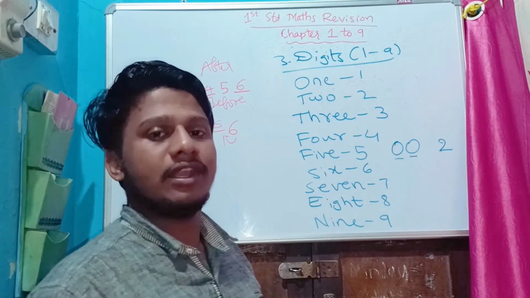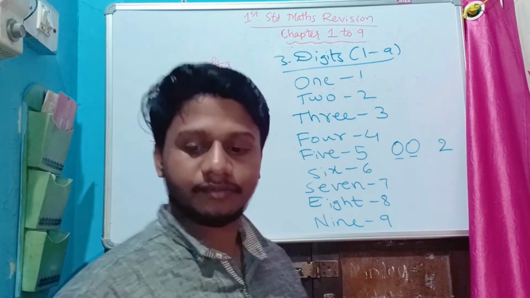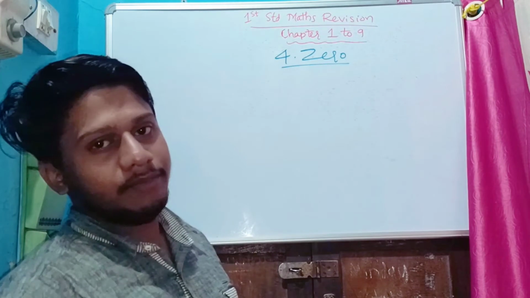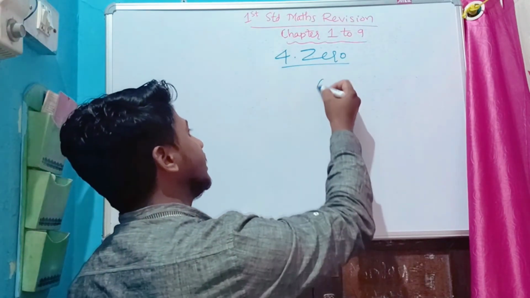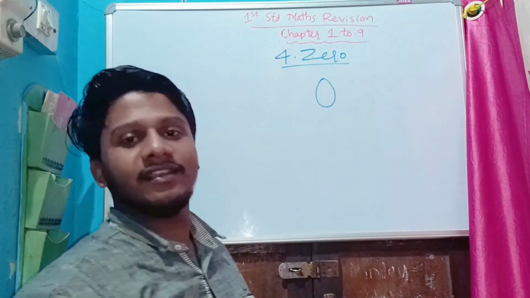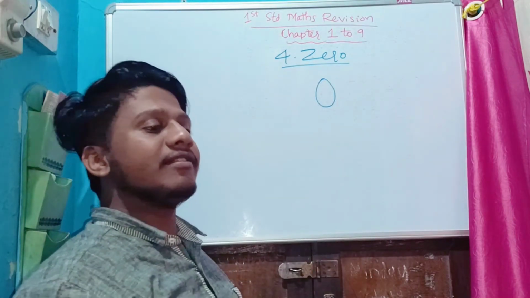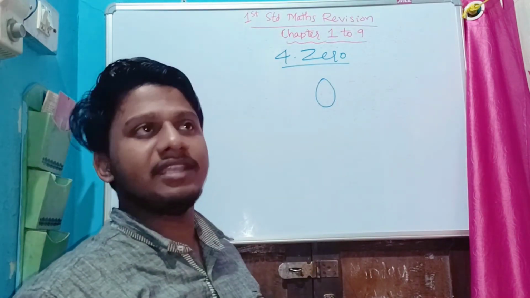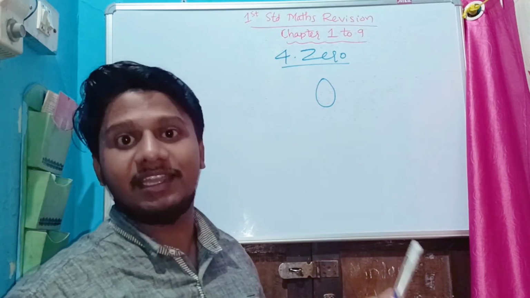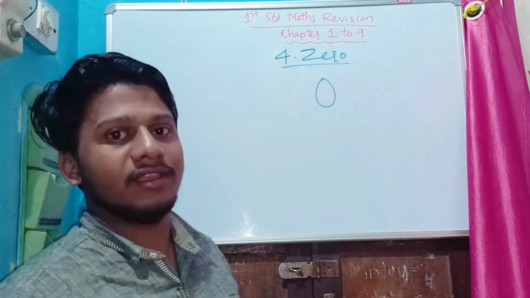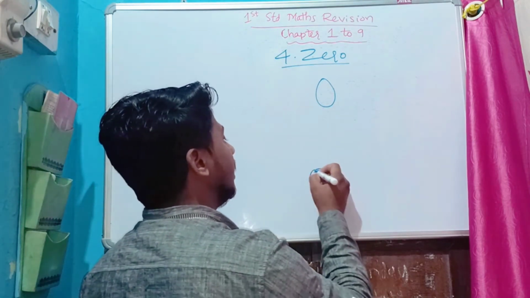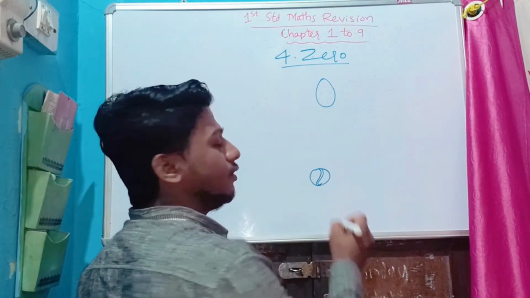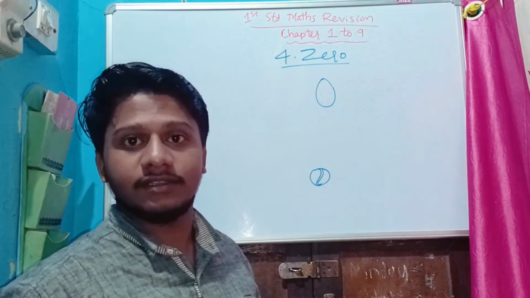Okay, let's move on to the next chapter. The chapter 0. 0 is represented like this. 0 means nothing, I don't have anything. That is nothing but 0. Say you have a ball with you and you lost it.